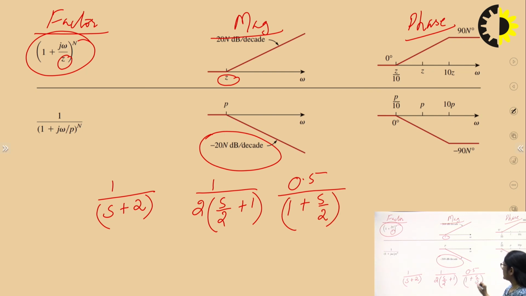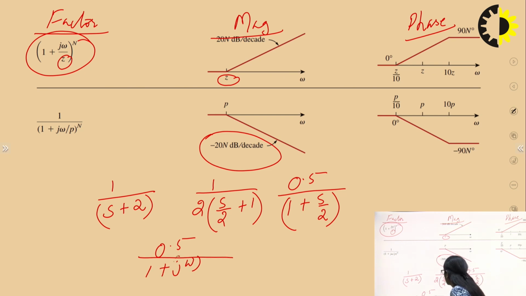So in place of s, if I write j omega, this becomes 0.5 divided by 1 plus j omega by 2. So what is my p here, since this is a denominator part?